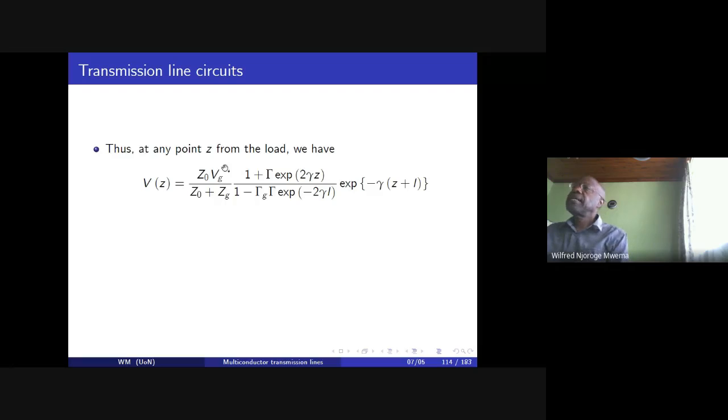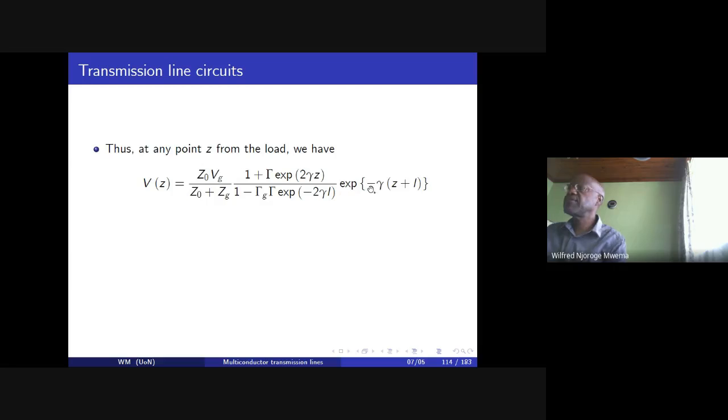Now, at any point z from the load, we have that Vz is going to be given by Z naught Vg over Z naught plus Zg, multiplied by 1 plus gamma exponent of 2 gamma z over 1 minus that. That is, we are multiplying that one by the equation for the current that we have already found in the other place.